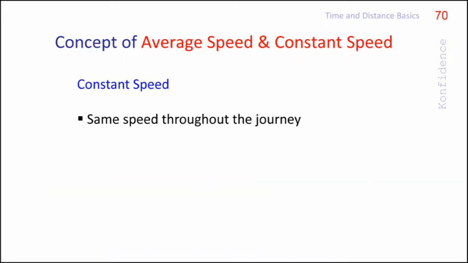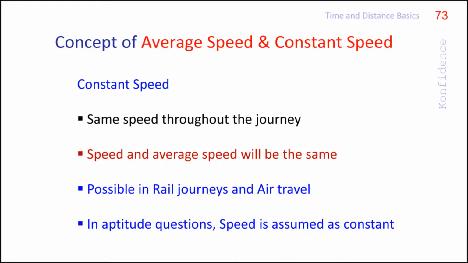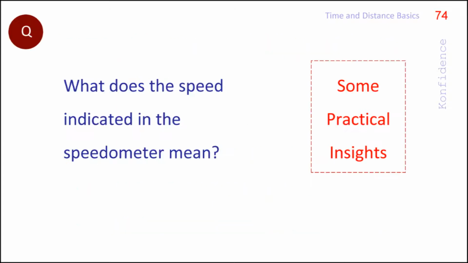When you are traveling at a constant speed, that is, you maintain the same speed throughout the journey, then your speed at any moment will be the same as the average speed found out this way. Constant speed situations are to a large extent possible in rail journeys and air travel. In aptitude questions, we usually assume the speed to be constant to make the situation a little less complex.